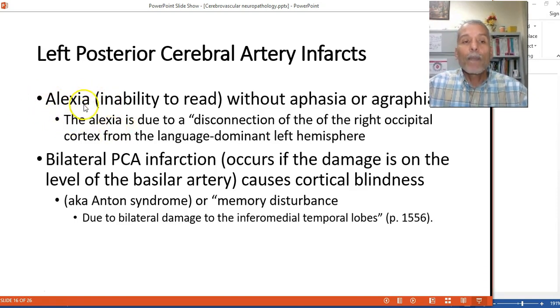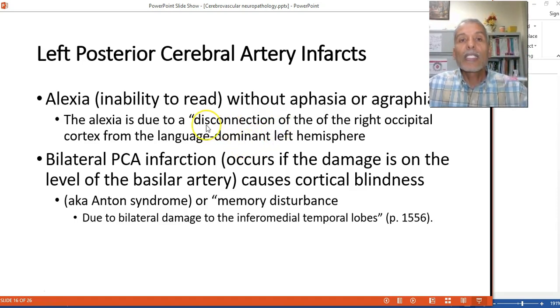So alexia, or the inability to read, results from left posterior cerebral artery infarction. The person in that case will not have aphasia, and will not have difficulty with writing. They just cannot read.